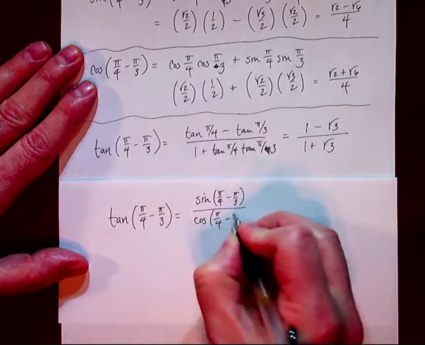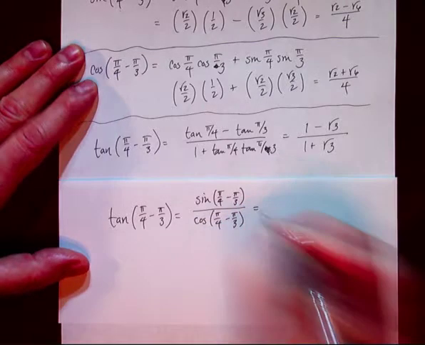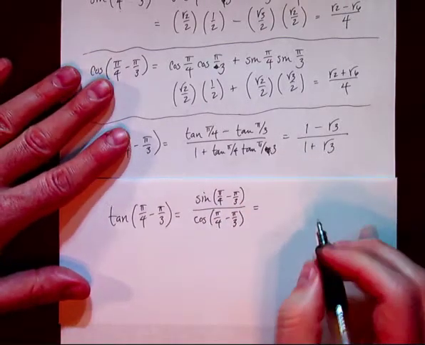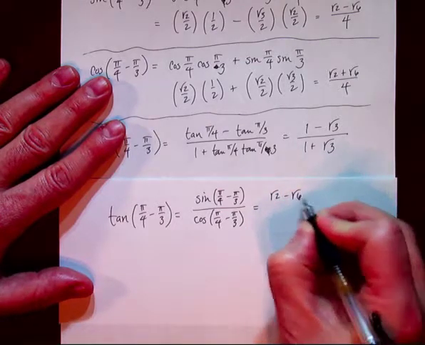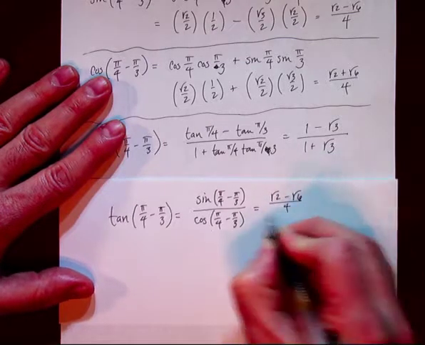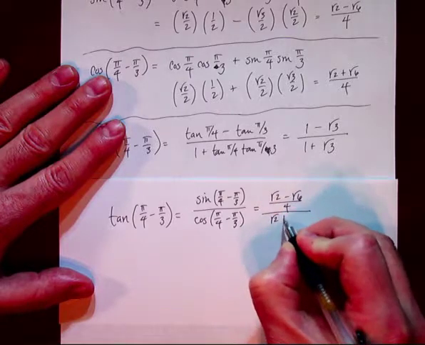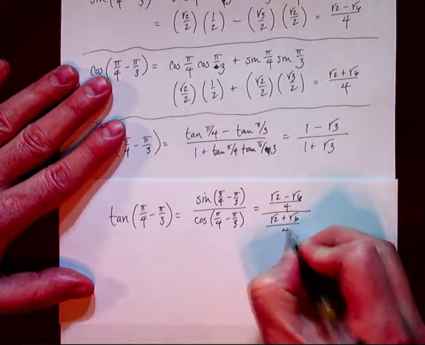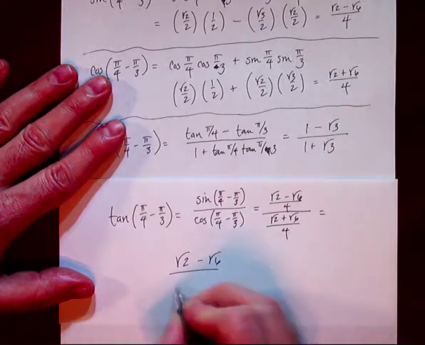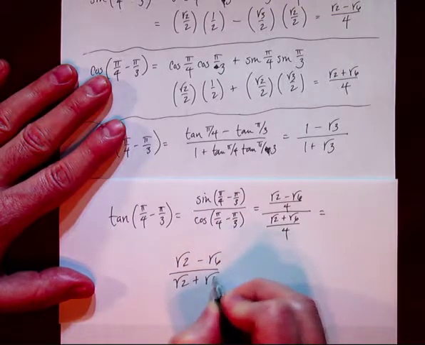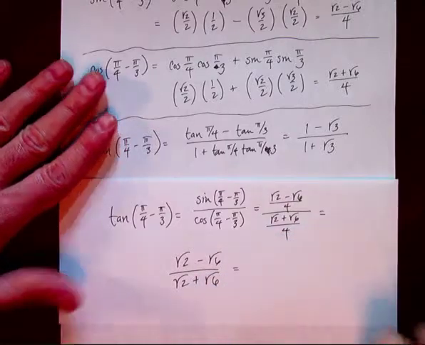I'm just trying to emphasize this. So sine is root 2 minus root 6 over 4, and cosine is root 2 plus root 6 over 4, which becomes root 2 minus root 6 over root 2 plus root 6.